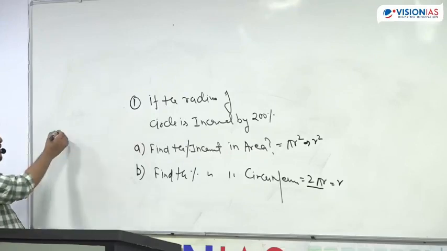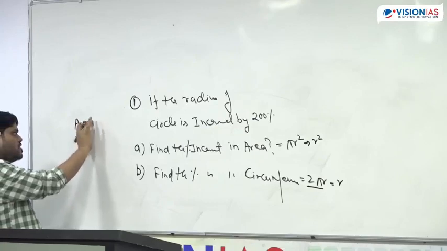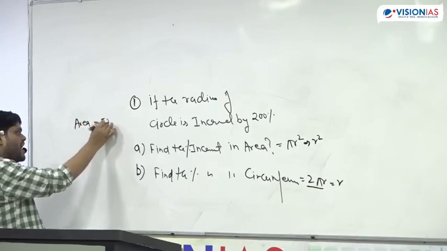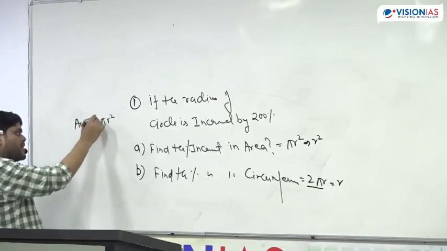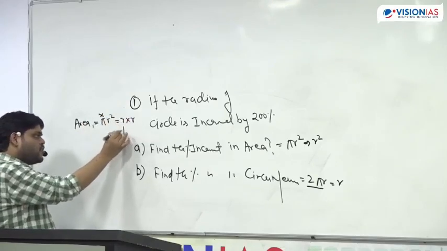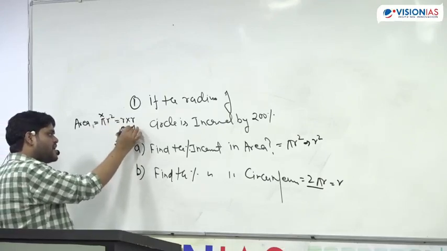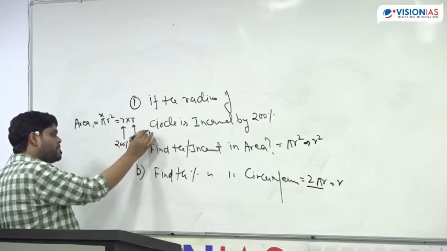See here, the area is equal to pi r square. So I told you there is no meaning of pi here, it is simply r into r. There is a 200% increment in this r and 200% increment in this r.